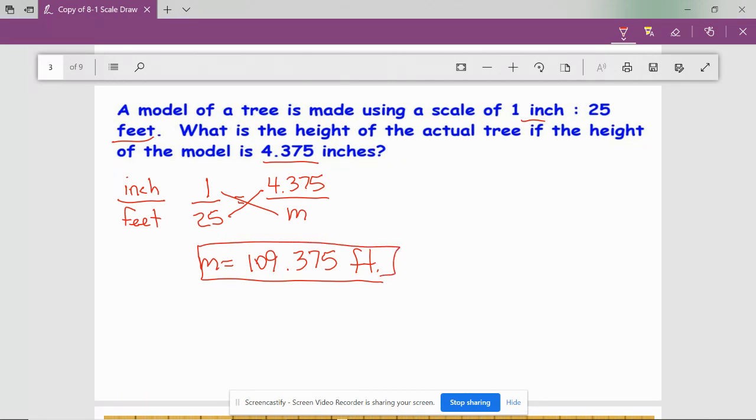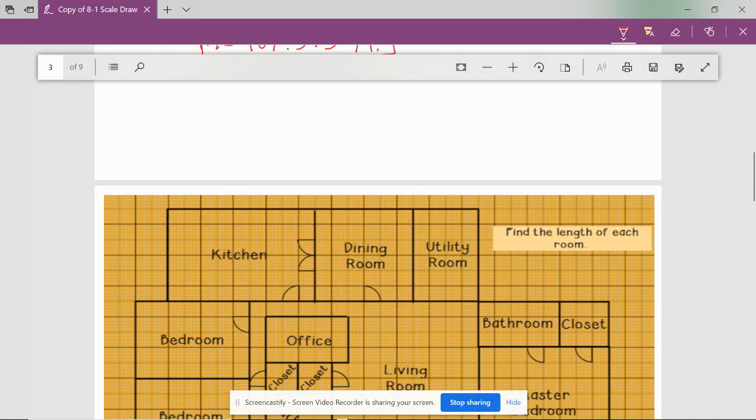So m equals 109.375 feet. Not too bad, as long as we keep inches on top and feet on the bottom, and that they're the same on both sides.